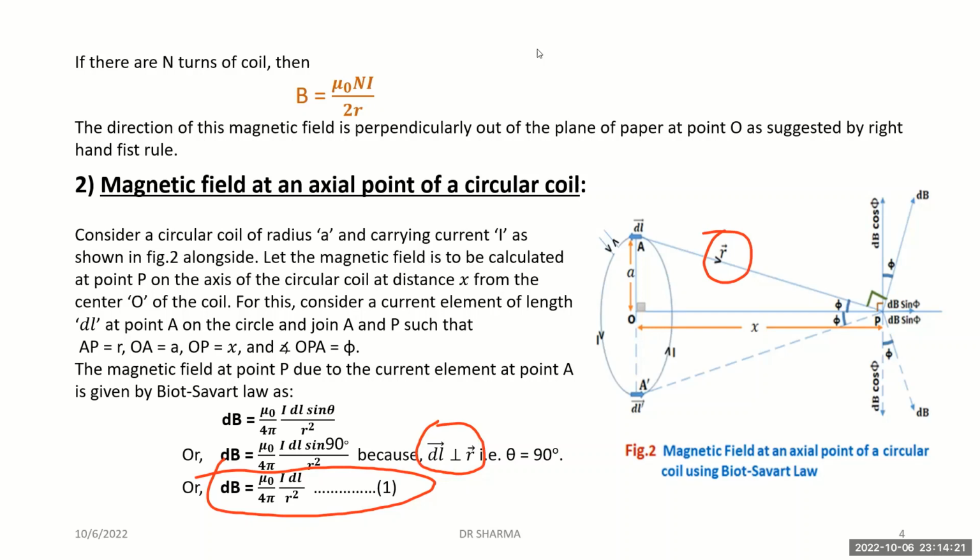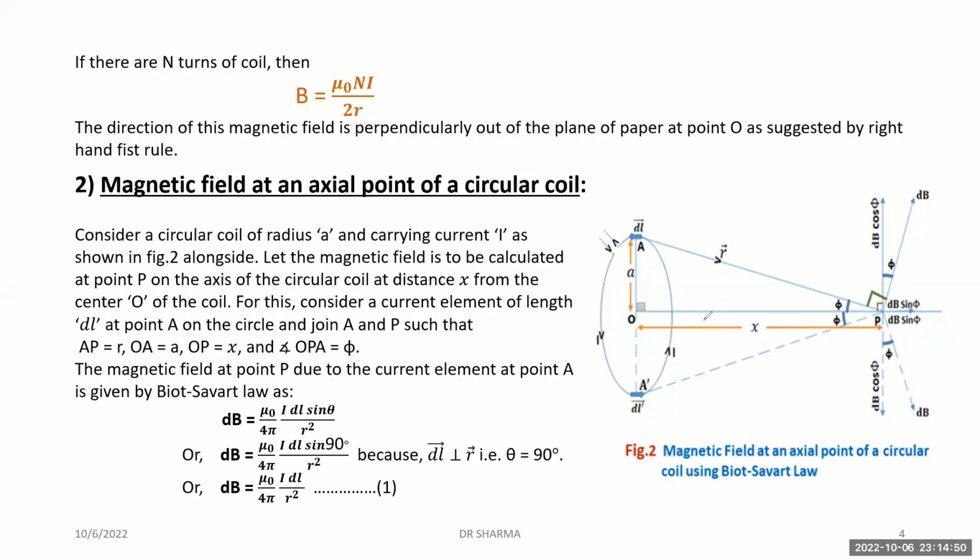So dv is directed perpendicular to this r vector, but it is slanted with the axis of the coil. So it has two rectangular components in reference to the axis of the coil.